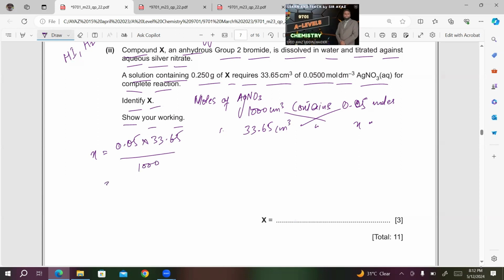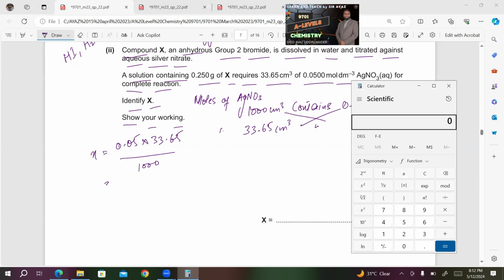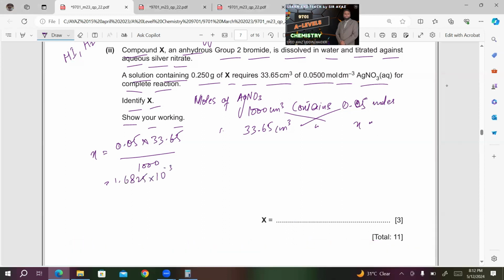So the number of moles for AgNO3 must be 0.05 multiplied by 33.65 divided by 1000, which is 0.0016825 or 1.6825 into 10 raised to power minus 3 moles.